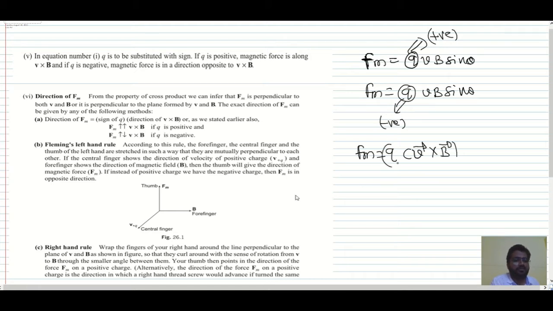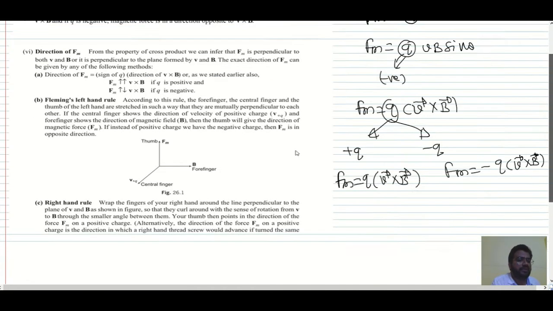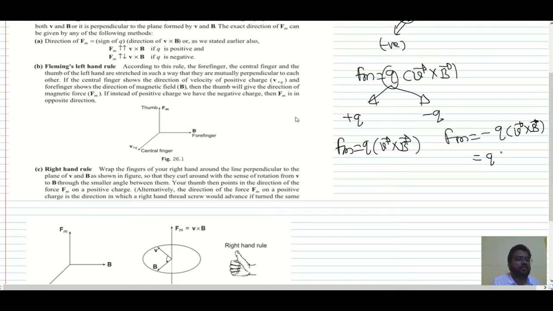And Q can be positive or negative. So if it is positive, Fm will be Q V bar cross B bar, nothing will happen. But if it is negative, Fm will be minus Q V bar cross B bar. So minus indicates what? We have to consider B bar cross V bar, isn't it? So that is the case. Why?